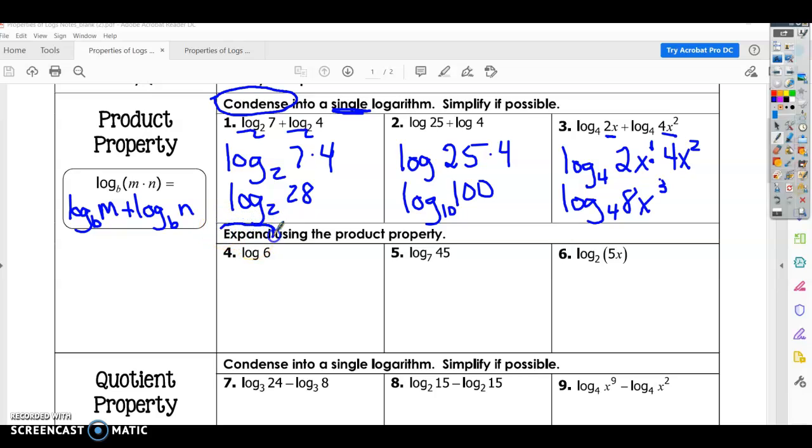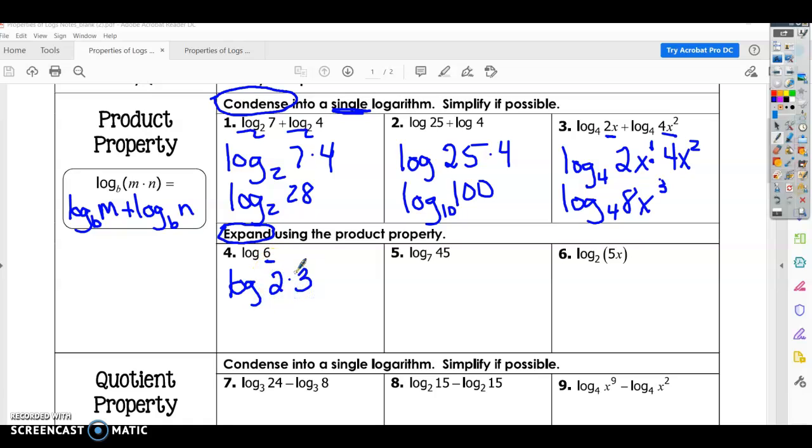All right, so now we're going to expand. That means it gets bigger. Up here we condensed, so we went from addition to multiplication, and here we're going to expand. So we're going from a single logarithm to multiple logarithms. All right, so this has 6, so basically we have to say, well, where did the 6 come from? Well, we could say it came from 2 times 3.